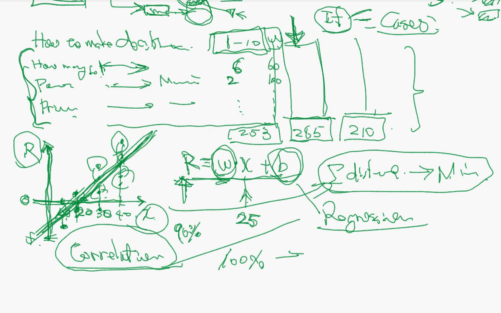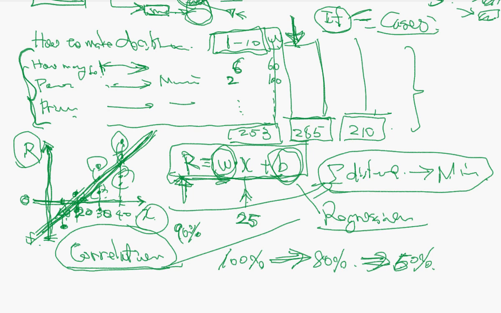If correlation drops to 80%, then this prediction becomes a little weak, but still better than nothing, right? Correlation becomes 50%, 50-50, then this is pretty bad. It's spread all over, and the line doesn't mean anything.